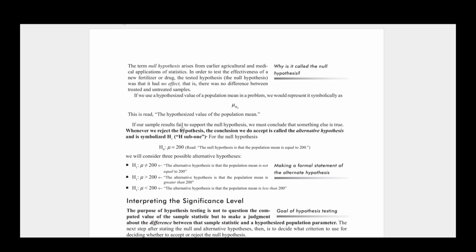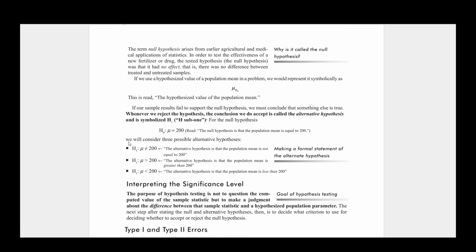Now, when we reject a hypothesis, the conclusion we do accept is called the alternate hypothesis. So along with the null hypothesis there is an alternate hypothesis, but there can be different alternate hypotheses.